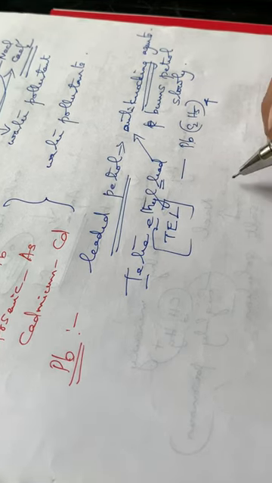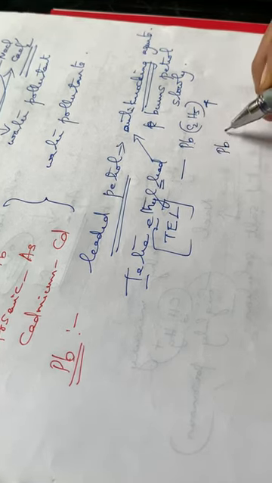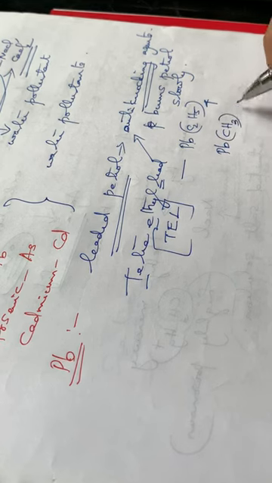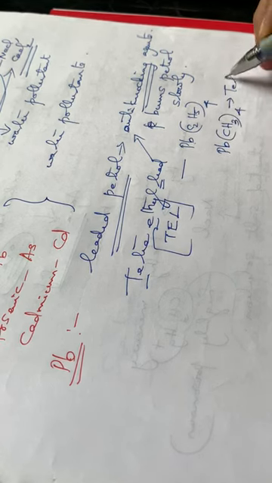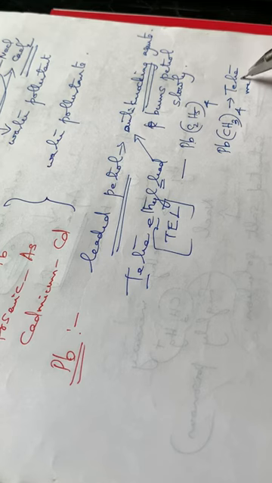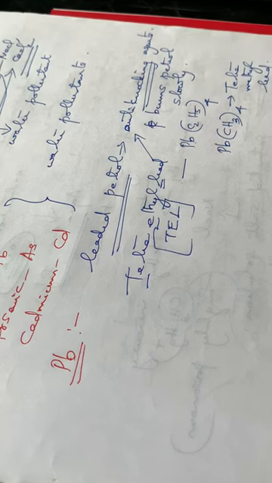One more compound is there, that is tetramethyl lead, Pb(CH3)4. Both tetraethyl and tetramethyl lead act as anti-knocking agents. These lead compounds are also highly poisonous.